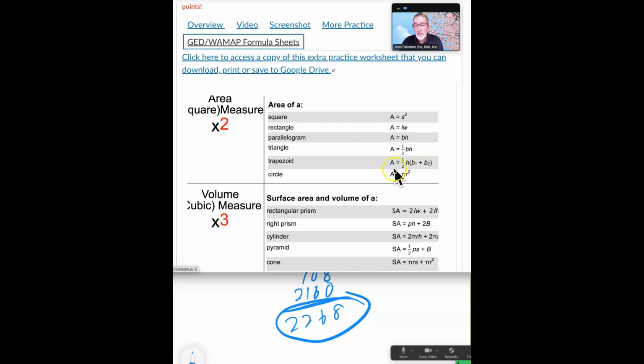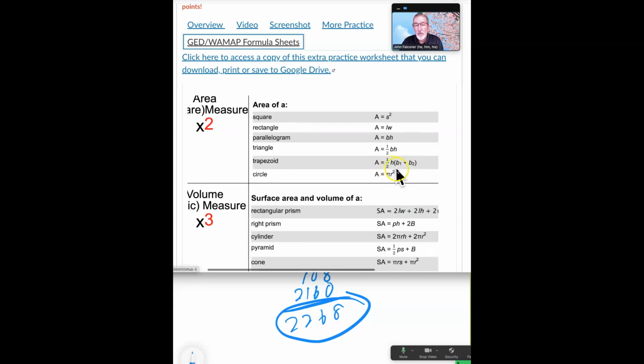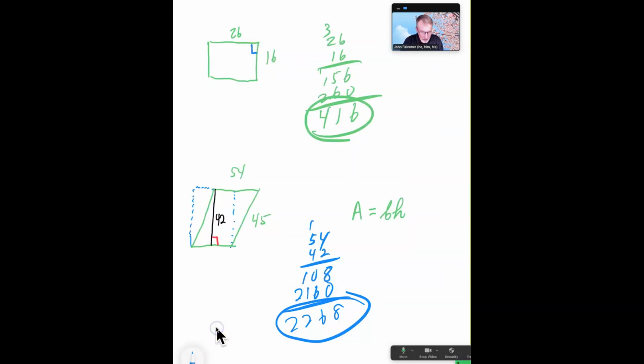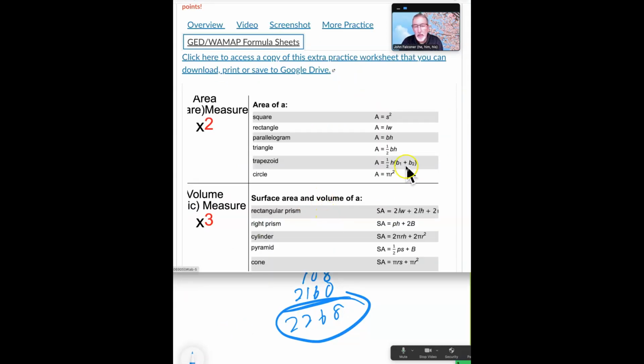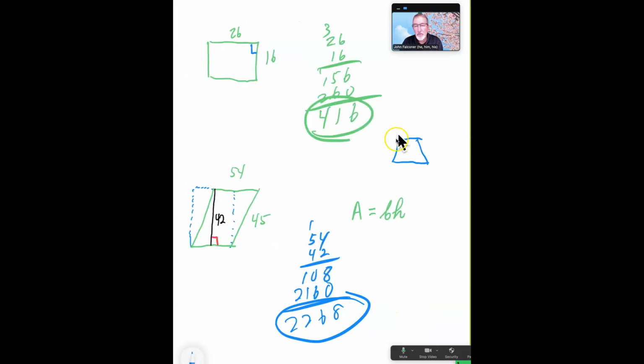Trapezoid gets fun. It's kind of similar to a triangle. Trapezoid is like this. So it's kind of like a truncated triangle chopped off at the top. And then you have base 1 and base 2. So you have two bases, and you're basically taking the average of those two.